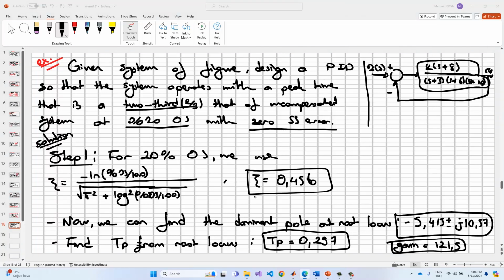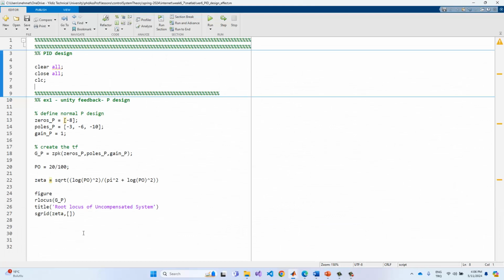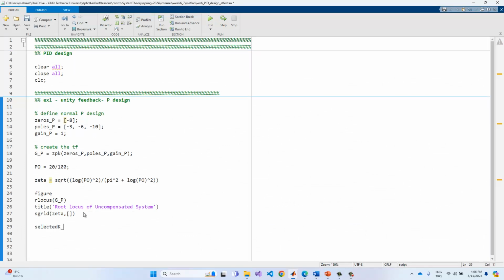Okay, and so in the second step, before going to the feedback system, we must also write the selected KP, 121.5.